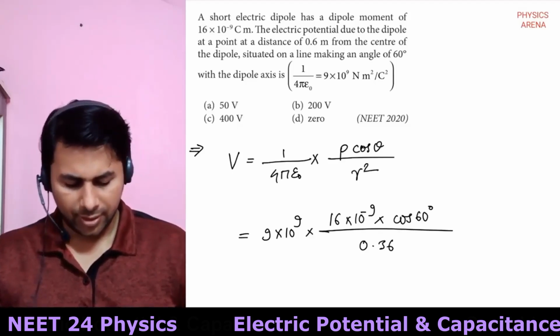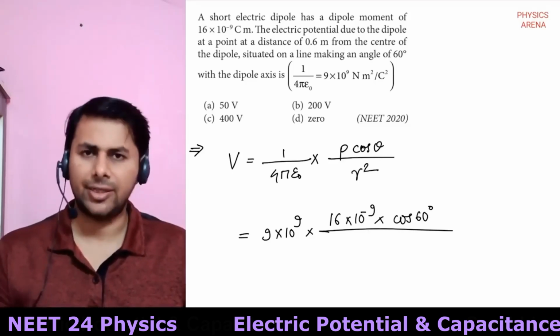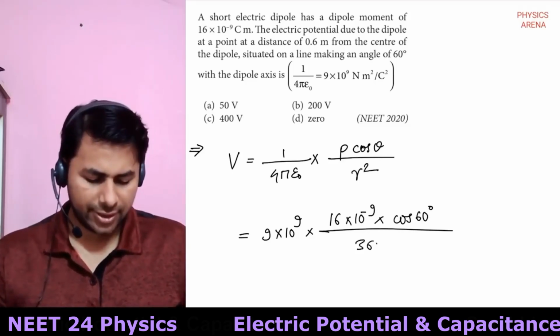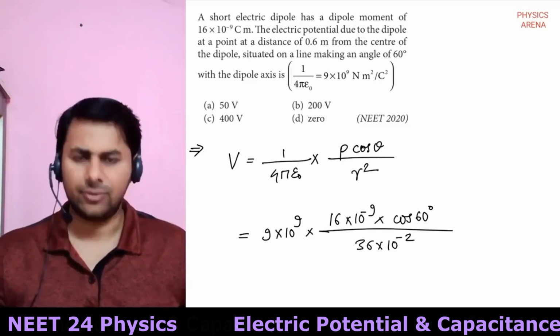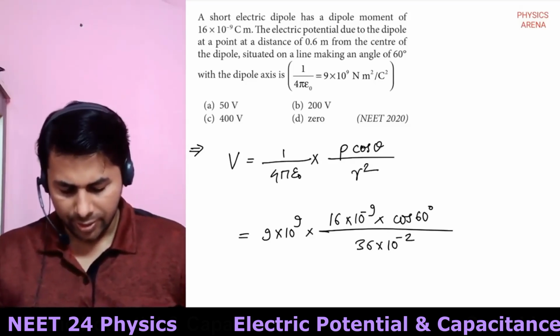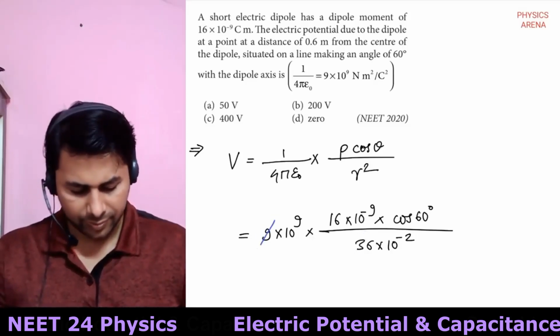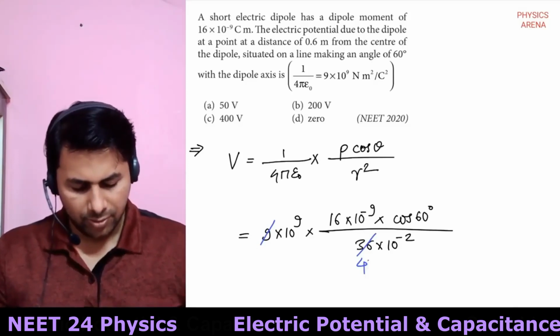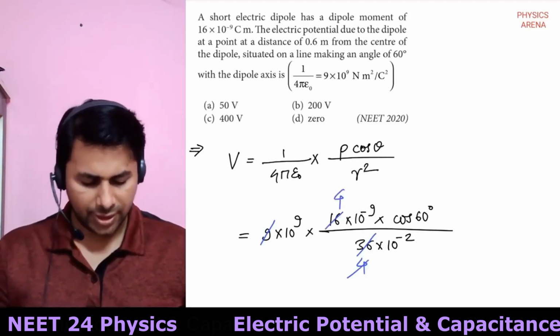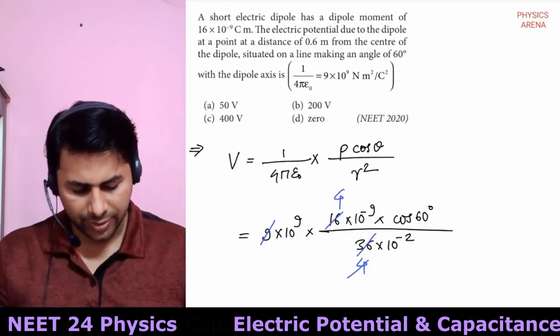I will write this as 36 into 10 raised to minus 2, because it's better to write in terms of 10 raised to some power; we can move the powers easily. Then we have 9 fours are 36, 4 fours are 16, 10 raised to plus 9 minus 9 gets cancelled out.